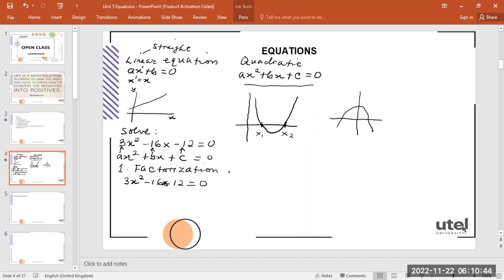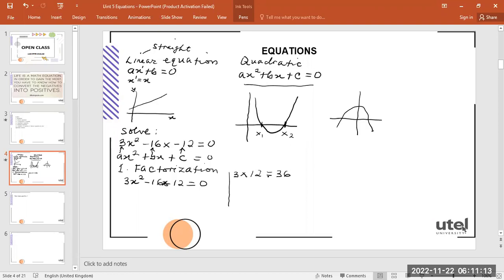For you to factor this equation, the first thing you need to do is take the leading coefficient of x squared, which in this case is 3. I'm going to multiply 3 by the last constant term, which is c. So I'll multiply 3 by 12, and that gives me 36.